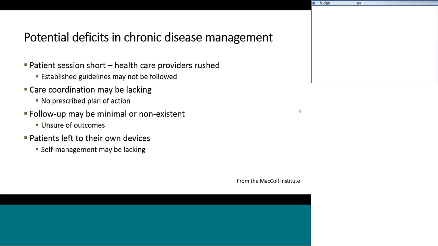And oftentimes that will leave patients to their own devices, where they are trying to self-manage their disease without really understanding how they can self-manage, and they may make choices that might not be in their best health interest, as well as other needs that they might have.